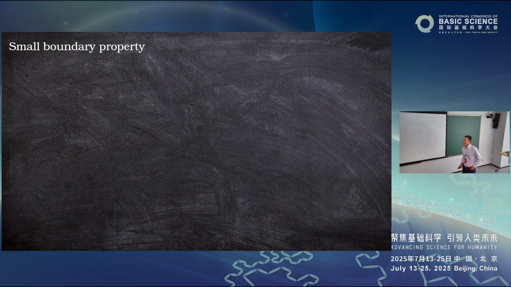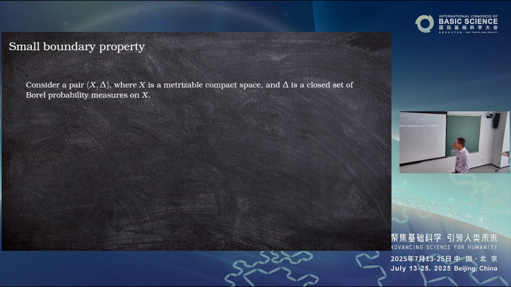property, or another dynamical system property, which is called the small boundary property. So what is that? Let's consider a pair of a space X and a collection of Borel probability measures on X. And let's assume this collection delta is a closed set of the probability measures.